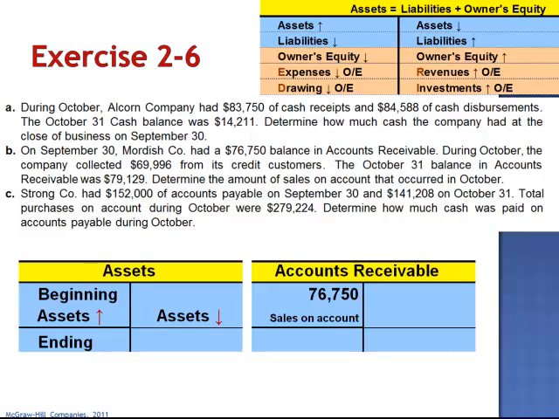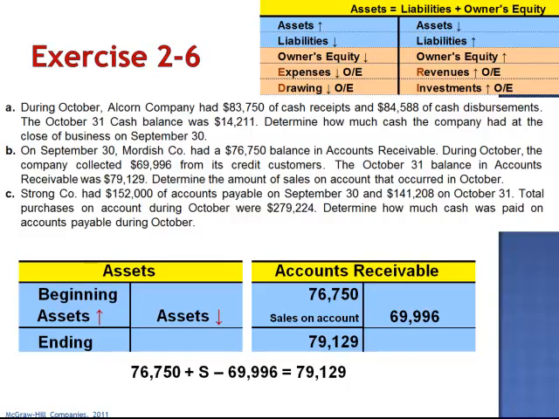We're looking for sales on account. Every time we have a new sale on account, we increase the asset balance accounts receivable. And we decrease accounts receivable for $69,996, the amount of cash collected from the credit customers. Gives us an ending balance of $79,129.